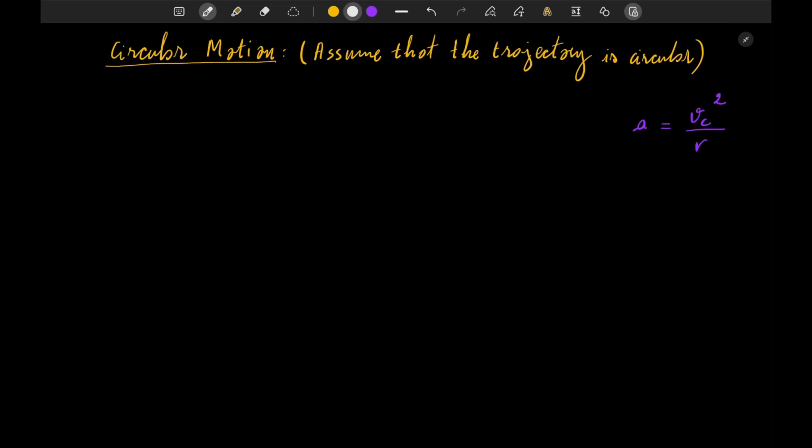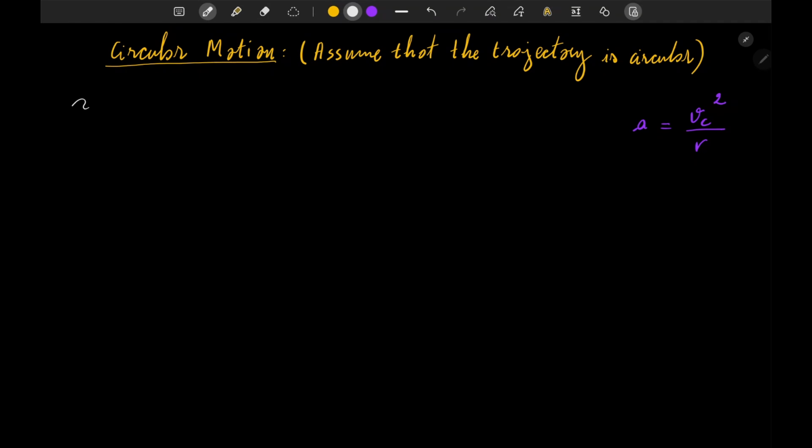Imagine a massive object like the Sun, and imagine another, lighter object circulating the first object, like Earth. Assuming that the trajectory of the Earth is circular, we can use Newton's laws to derive the velocity of the Earth. Notice that we know in circular motion that the acceleration is equal to the velocity squared over r.